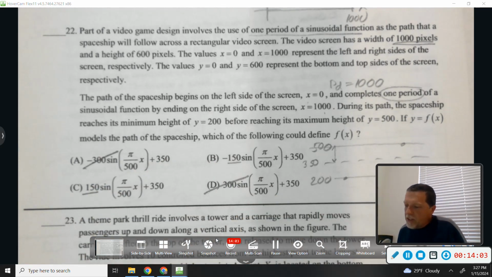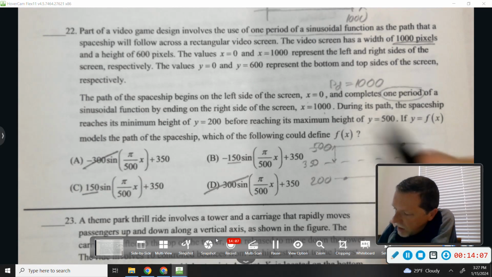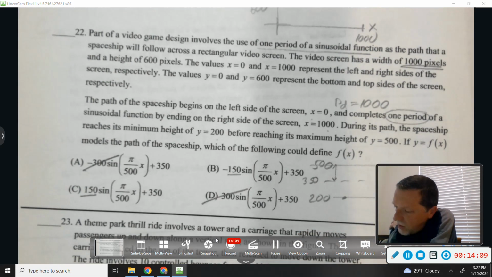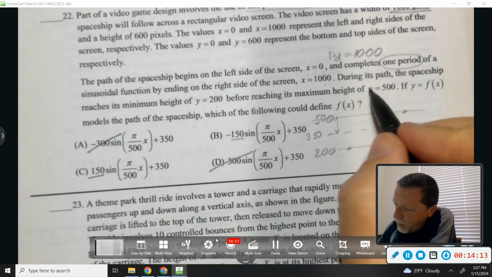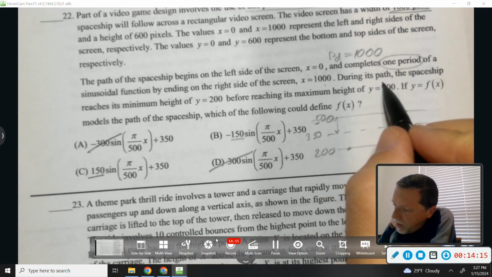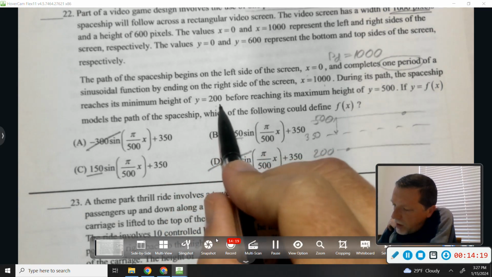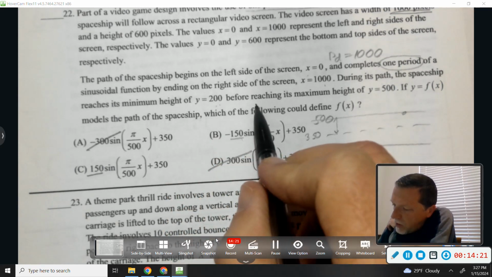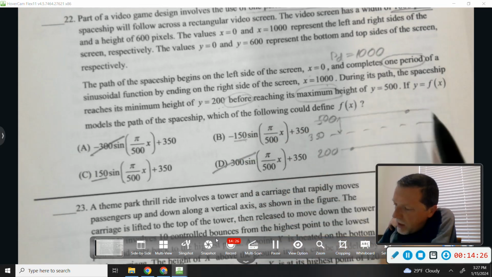So my next concern is, is it a negative sign or a positive sign? Well, let's see. During the path, the spaceship reaches its minimum height of 200 before reaching its maximum height of 500.